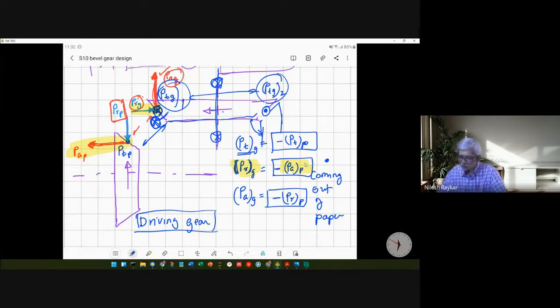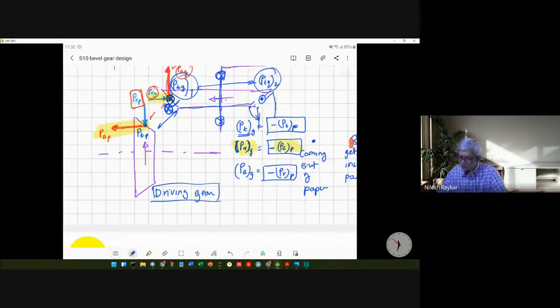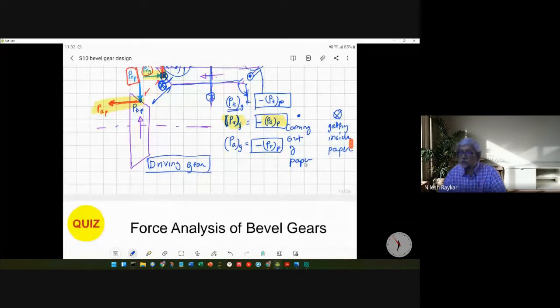Okay, so let's take one numerical problem which will illustrate this particular case. Oh, we have some quiz also.